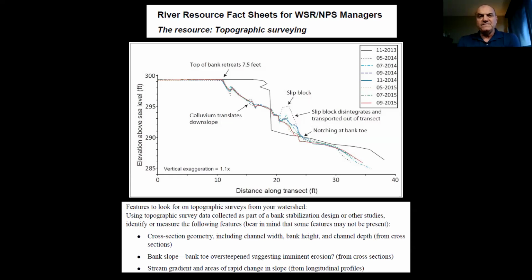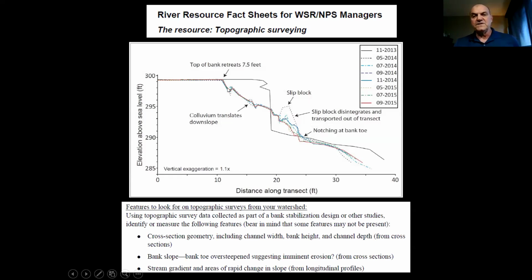So here's an example of topographic surveying showing a riverbank that was monitored over a 3-year period, showing how the riverbank in this case receded 7.5 feet just in the first month or two of the monitoring.